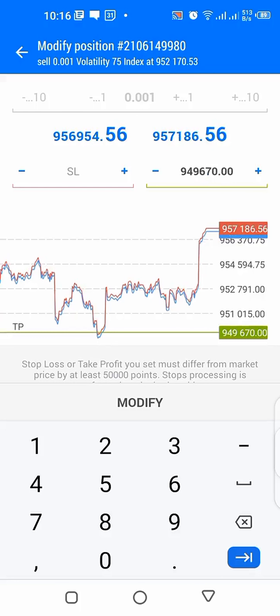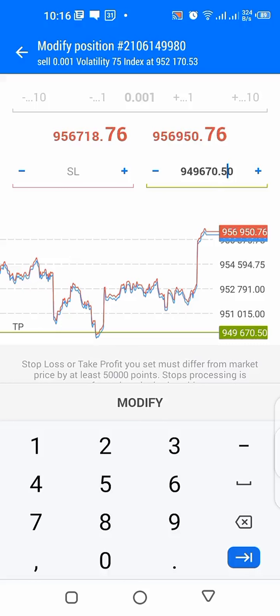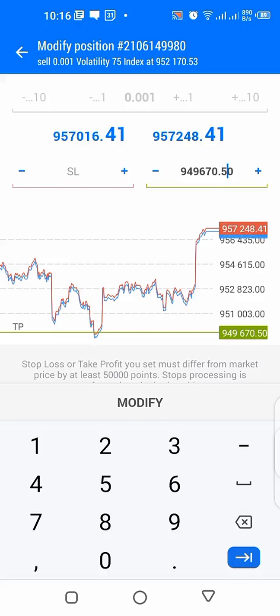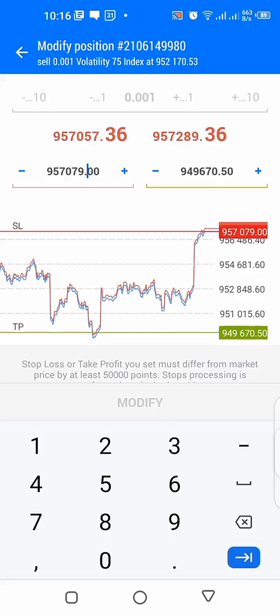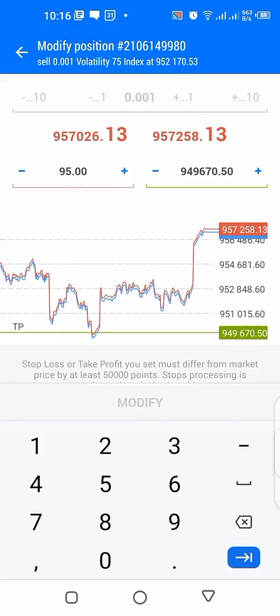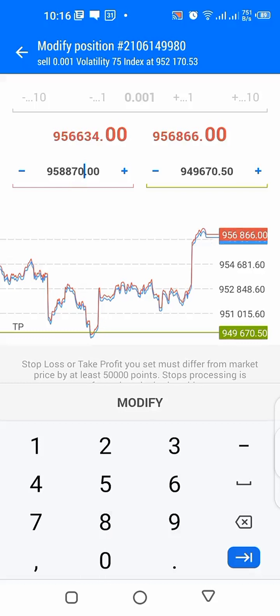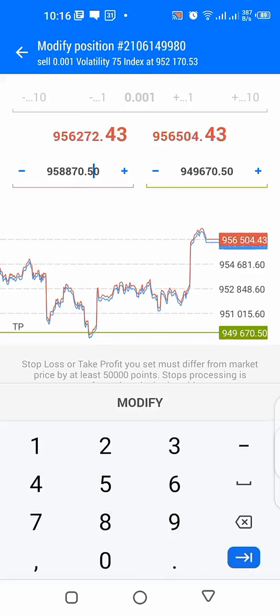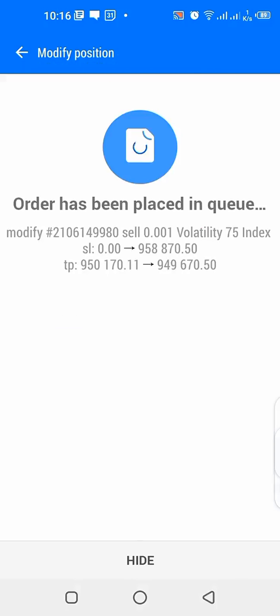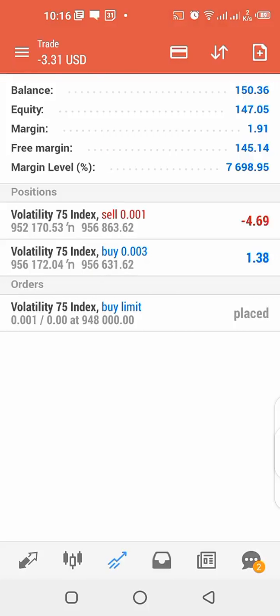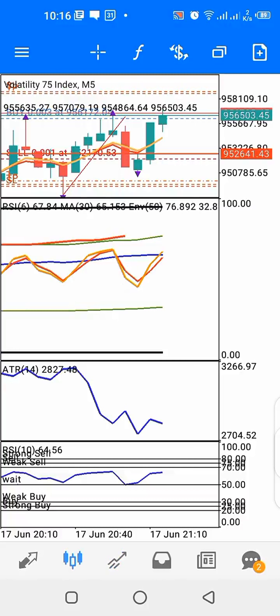The reason I'm adjusting it to 2,500 points is in case price starts to range further by going down, I may need to introduce another hedge trade, which is 0.008. So I will use a corresponding take profit of the 0.001 on the 0.008. Okay, price is still going up.